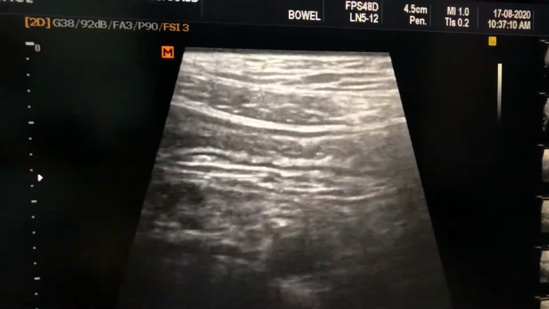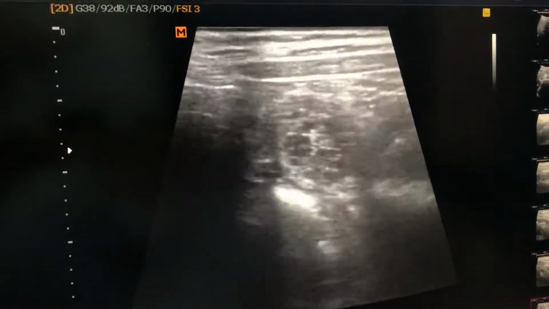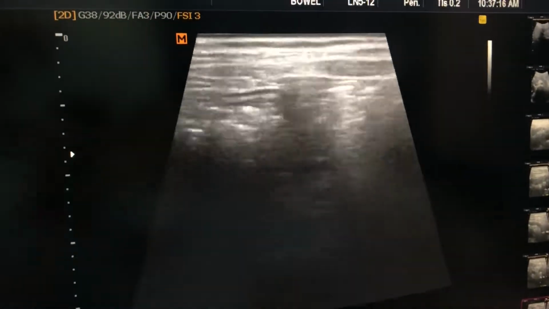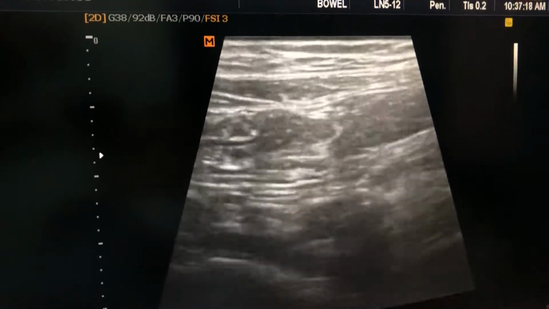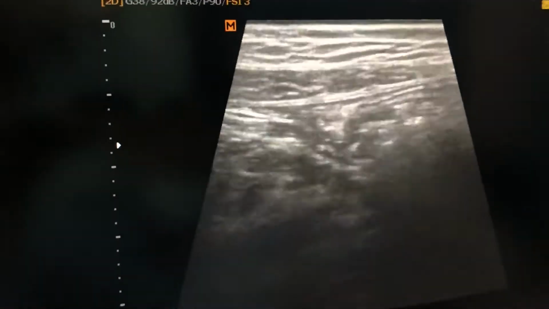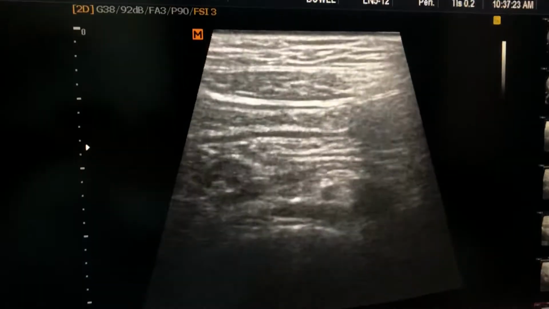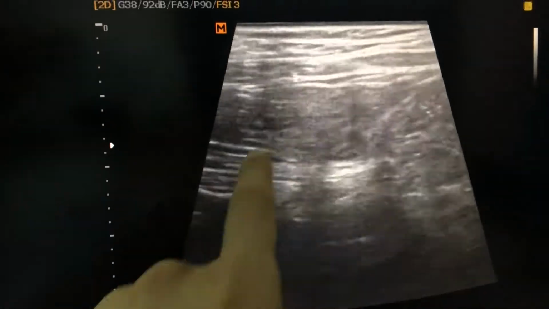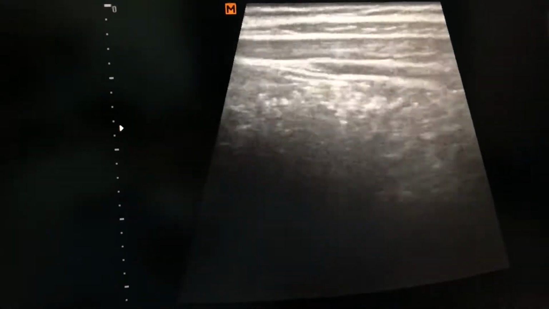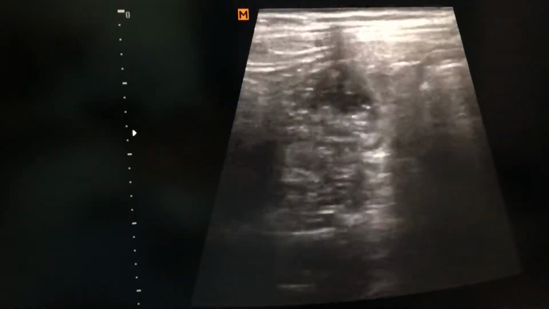If we go on tracing this transverse colon, here near the splenic flexure, it is becoming normal. Further we cannot see this thickened bowel in the large colon.